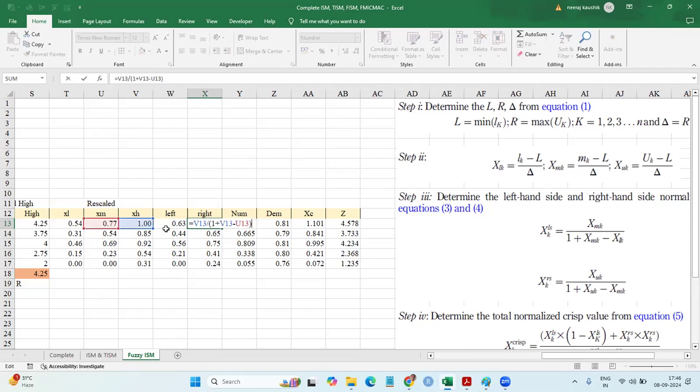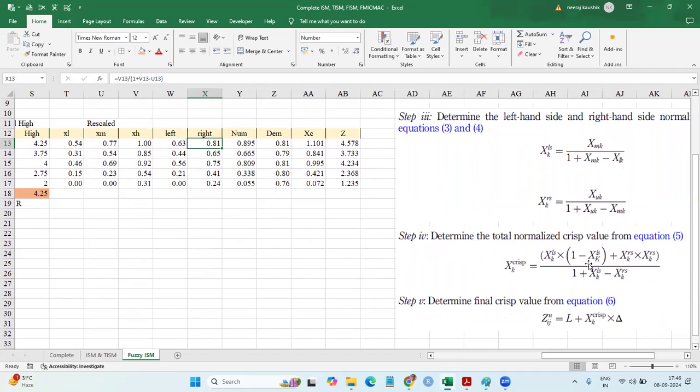And what is the formula of the right? It says the upper value, that is V13, divided by 1 plus the upper value minus the middle value. What is the XC part? The XC part is left into 1 minus left plus R into R. I have done this part.